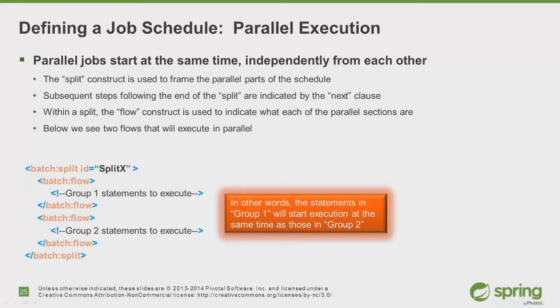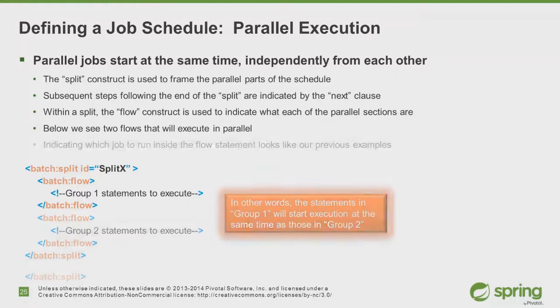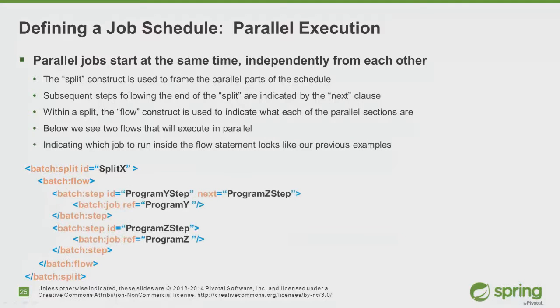Now, group 1 and group 2 will both execute at the same time, independently from each other. So all of what's in group 1 will start, that flow will start at the same time as the flow starts for group 2. When both group 1 and group 2 have completed, split X will be deemed to be complete.